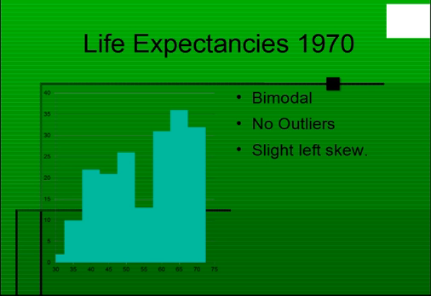So there is quite a difference in the sense that life expectancies have increased by about 10 years throughout the world, in the low countries as well as in the high countries. That's quite interesting, that there has been improvement in life expectancies throughout the world of about 10 years.